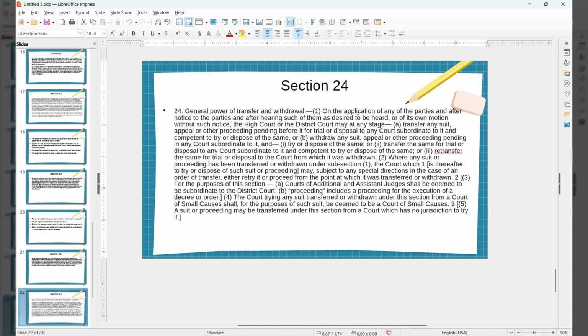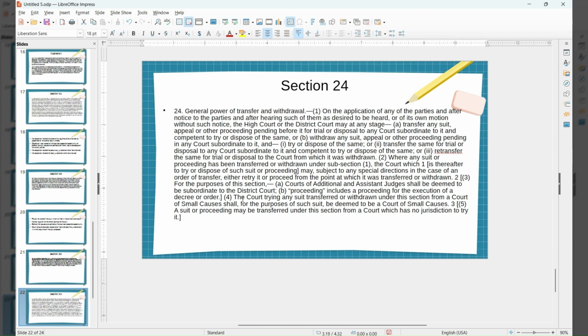So the transfer or withdrawal of a suit is generally done on the application of one of the parties. If one party is filing an application to move the suit from one court to another court, a notice is sent to the other party, which may be a co-defendant or a plaintiff.